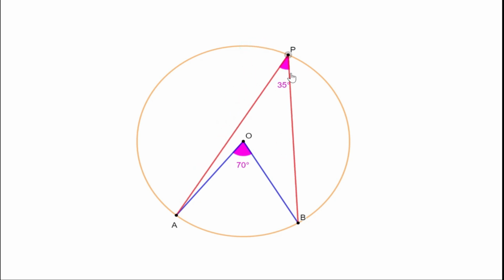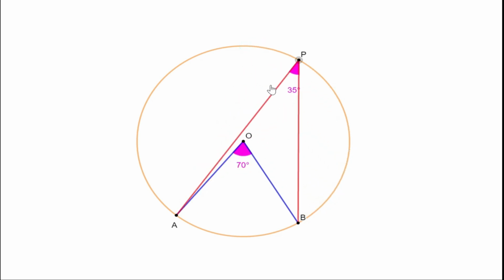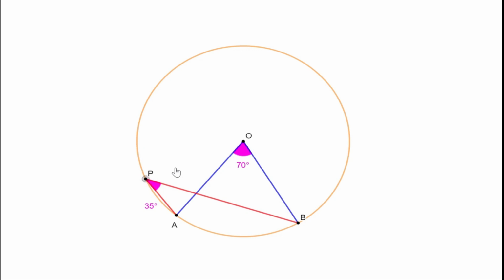We have seen that all angles in this arc are the same and all angles in this arc are also the same. So we can say all angles made by an arc on the alternate arc are equal. All these angles are angles made by large arc AB on its alternate arc.